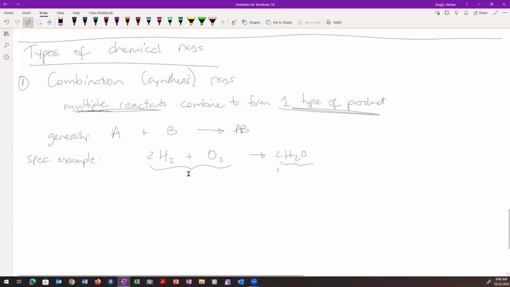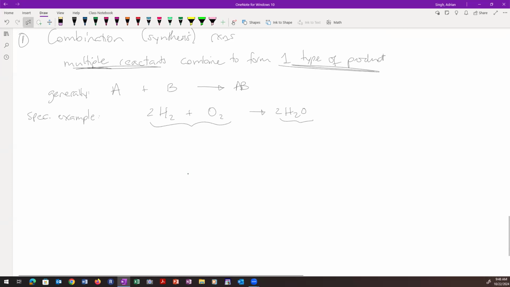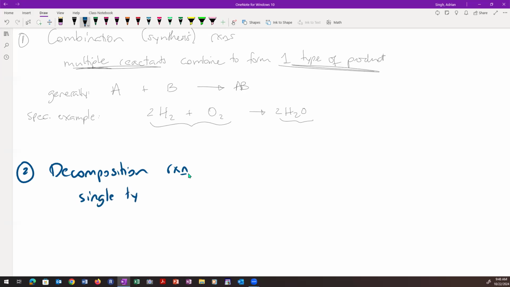The exact opposite of this is known as a decomposition reaction. And here what we have is a single type or one type of reactant decomposing or breaking down to make multiple products.